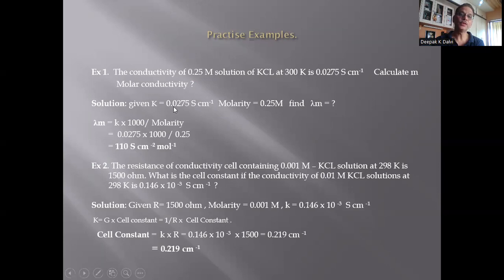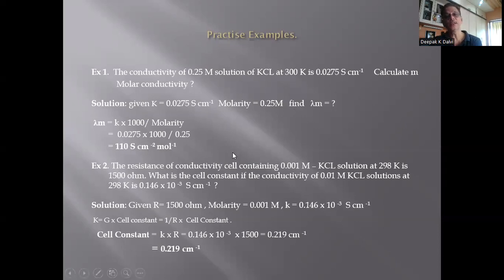If we put K equal to 0.0275 into 1000 over molarity 0.25, we get 110 Siemens per centimeter square per mole. It is not an SI unit. So this is what we get when we put in this standard formula.